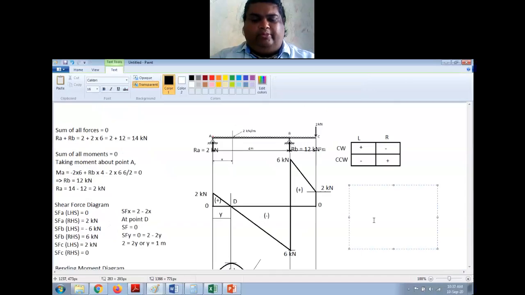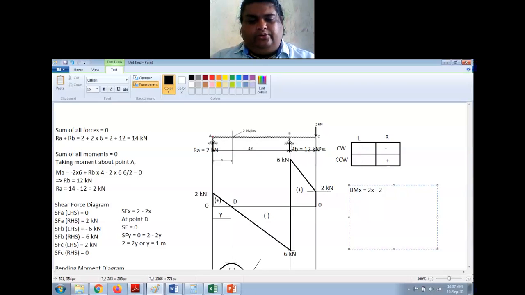For that, I will consider a section X from A, and I need to find the bending moment at that point. So BMX is equal to, I'll take the left side. So this is positive 2 into x, right?